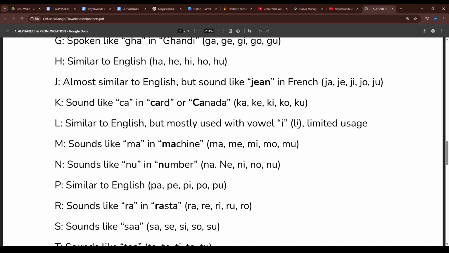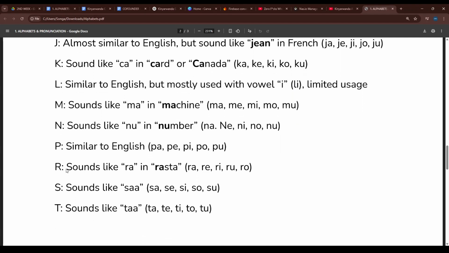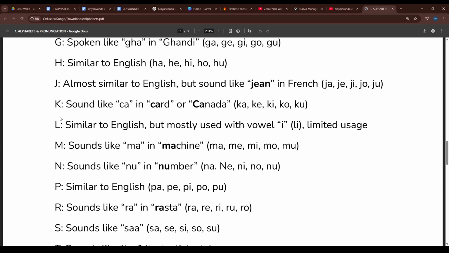On the name Tigari we use this li, but you will not find so many words in Kinyarwanda using it. If you read all the old books of Kinyarwanda, you'll find where people used it to replace R, but modern books just use this one. They don't use this la.